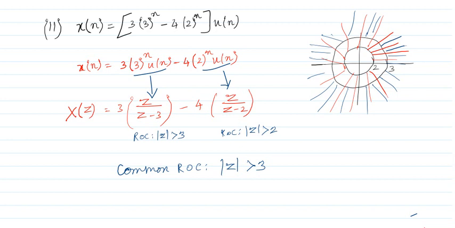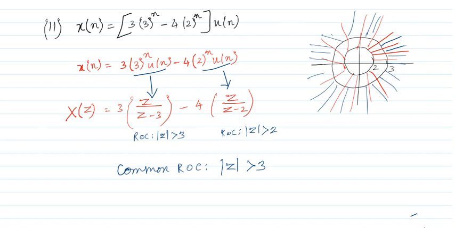If you look at this, greater than 2 means these red lines. Greater than 3 means these blue radial lines, which are going outside. So what is common between these red radial lines and blue radial lines?